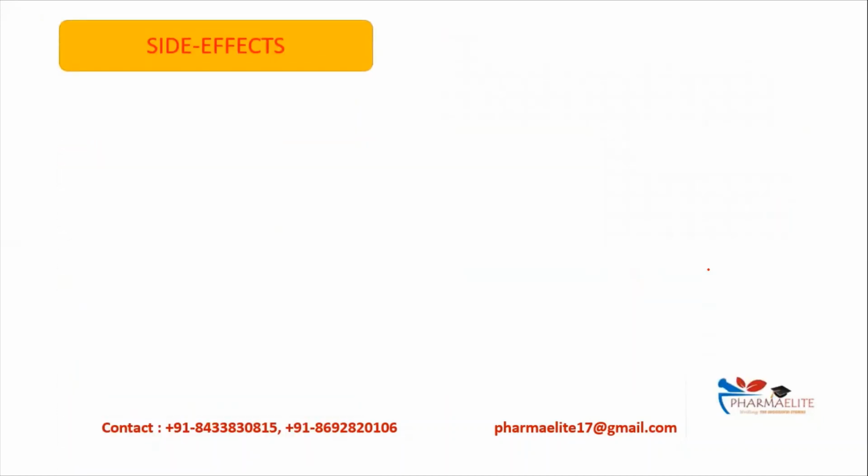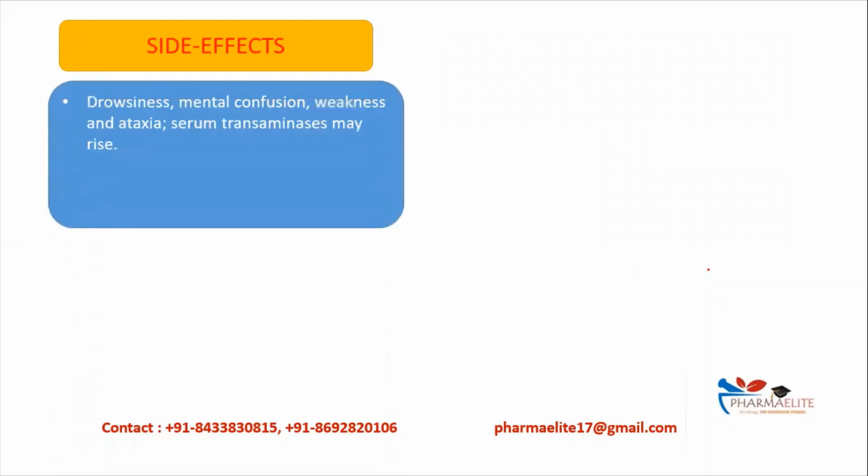Let's look at the side effects of baclofen. Some of the common side effects are drowsiness, mental confusion, weakness, and ataxia. Ataxia means loss of movement control. Serum transaminase may rise. These are enzymes present in the body.